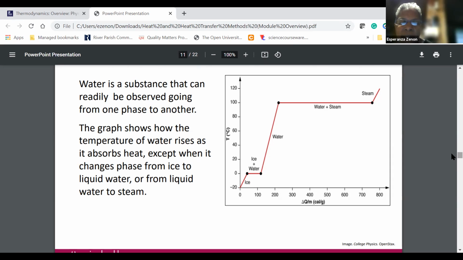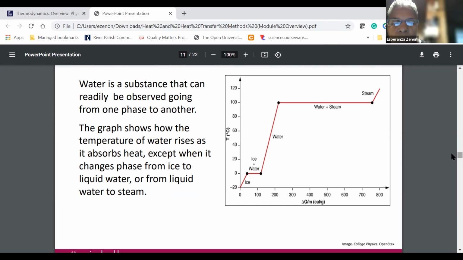In this particular example, they're taking water from minus 20 degrees Celsius all the way up to 120 degrees Celsius. But you have to do it in steps because you cannot change the temperature and the phase simultaneously. You either change the temperature or the phase, but not both at the same time.